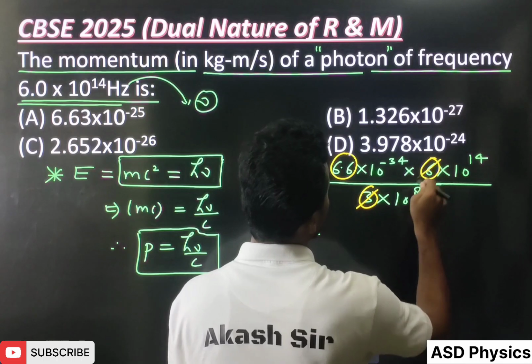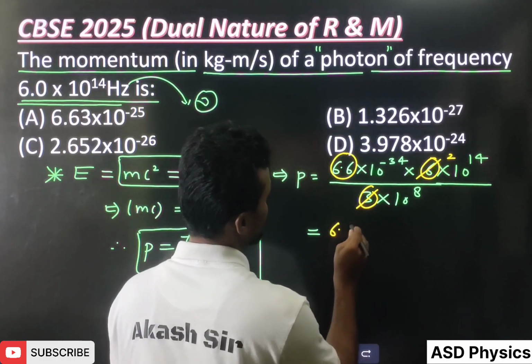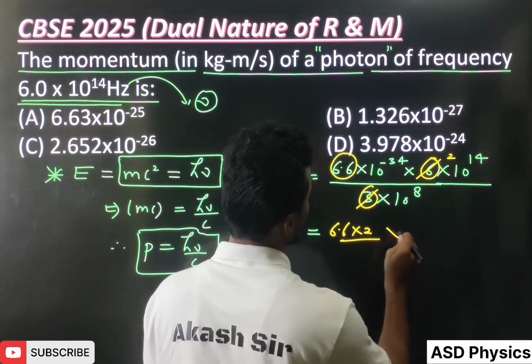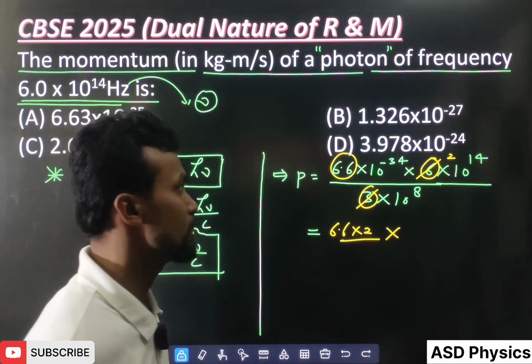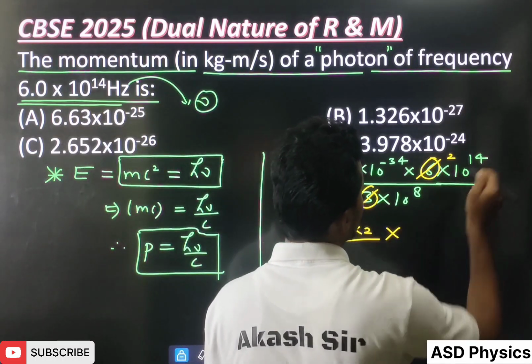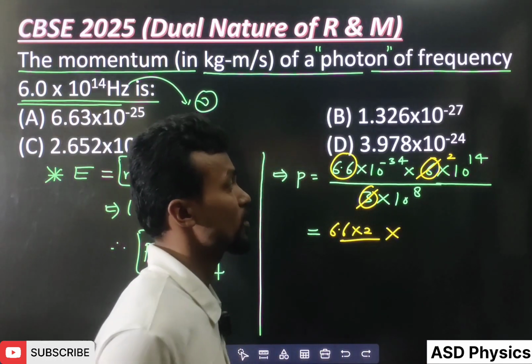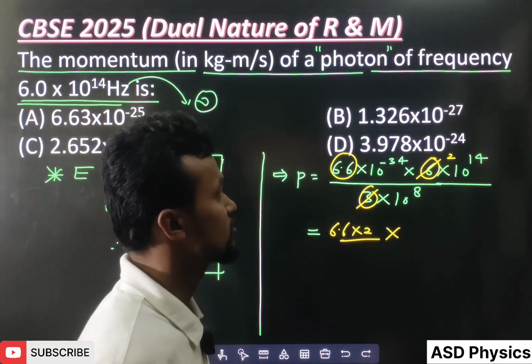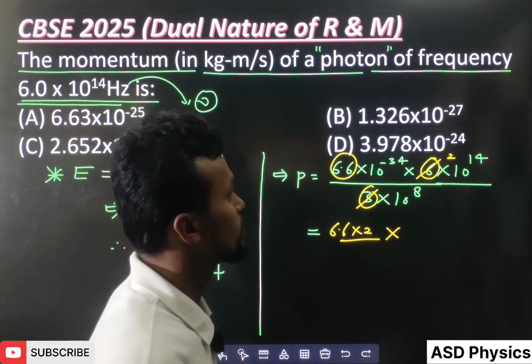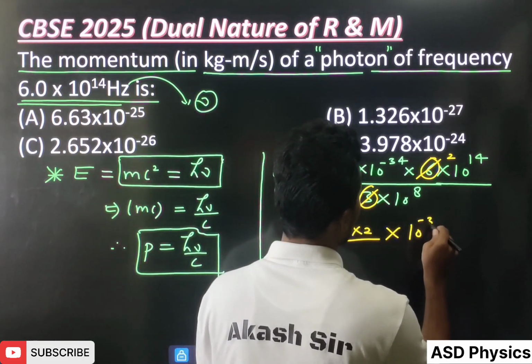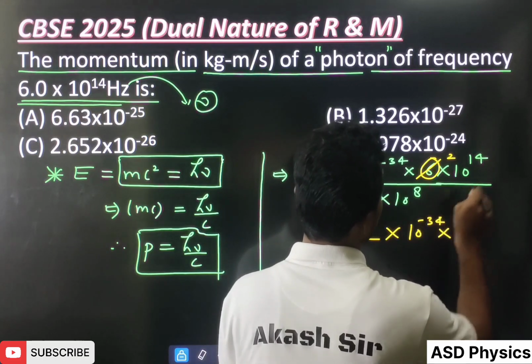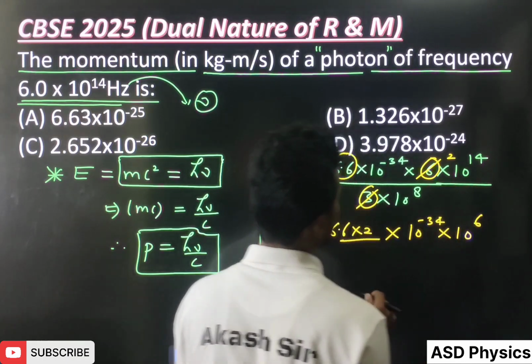We can even simplify 3 into 6 as 2. So we write 6.6 × 2, and simplifying the powers, 14 minus 8 means 6, with 10⁻³⁴.